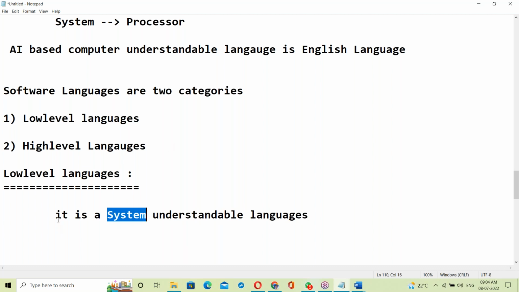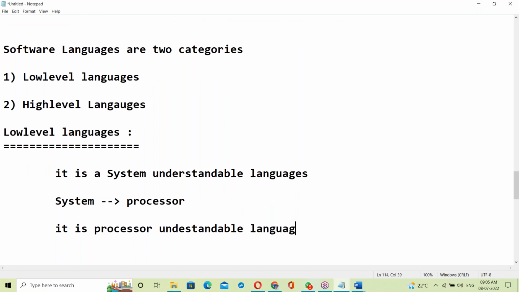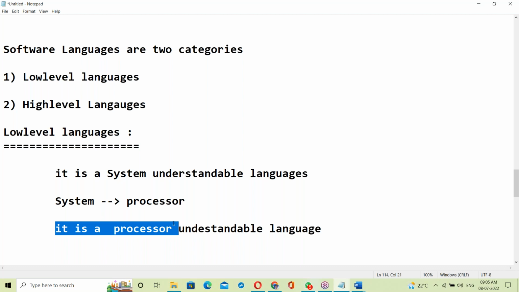It's a processor understandable language.